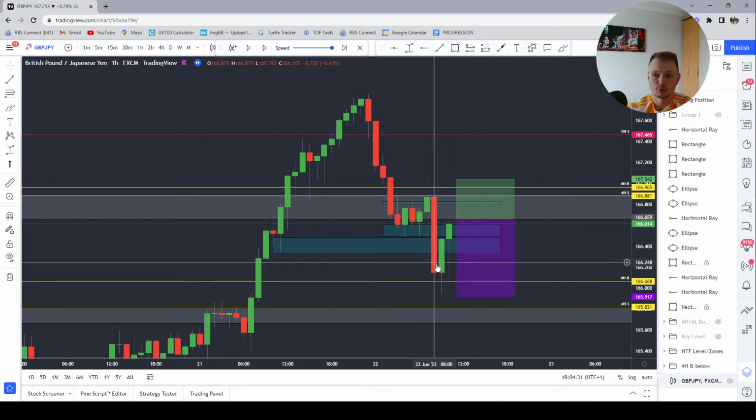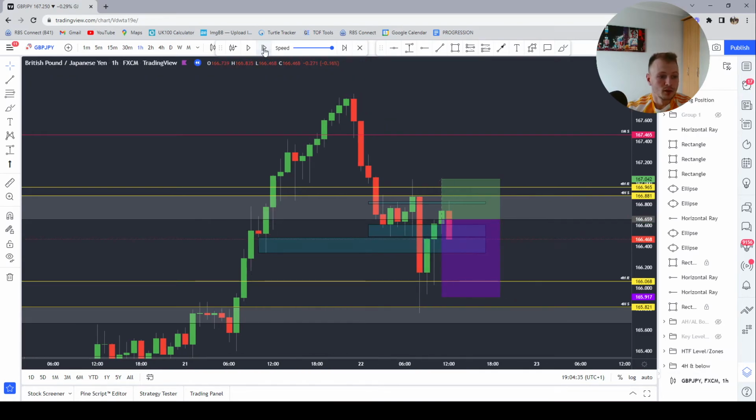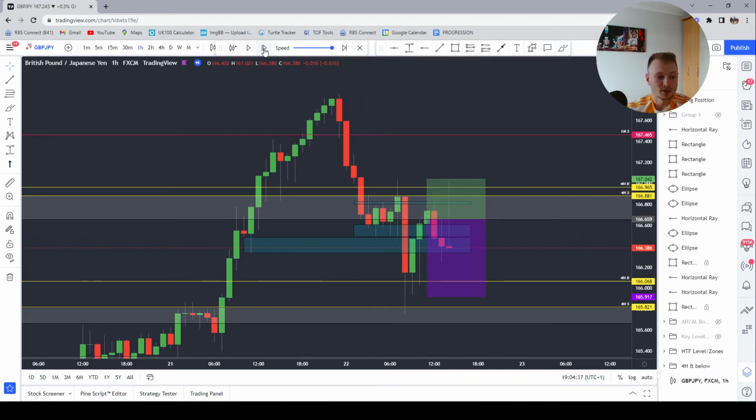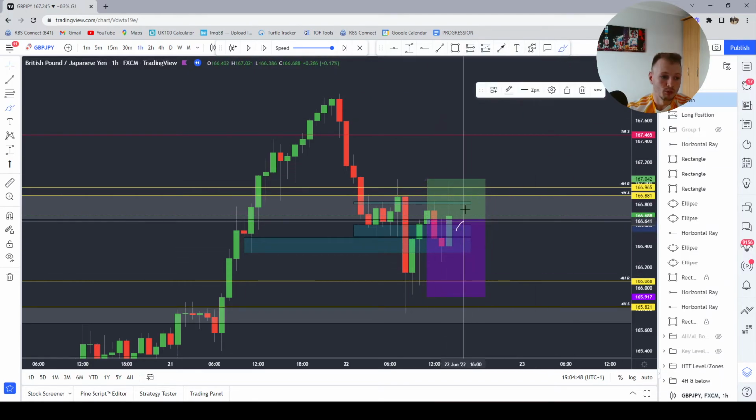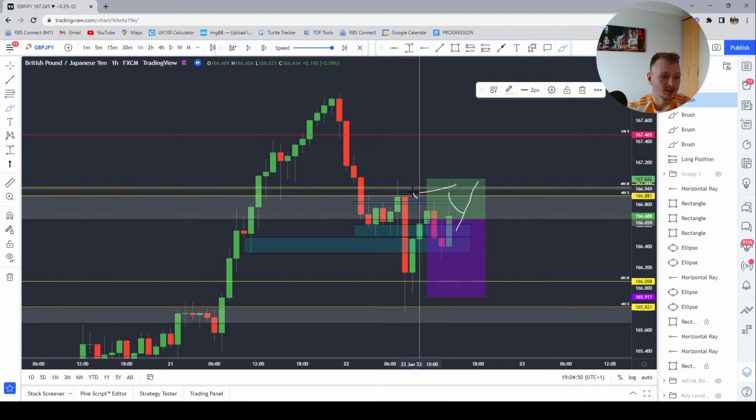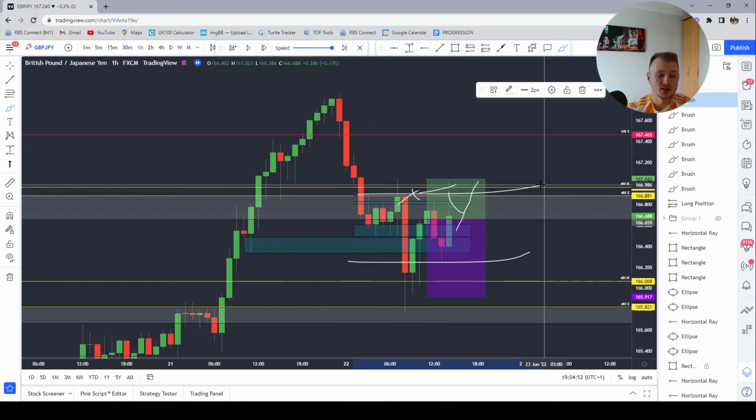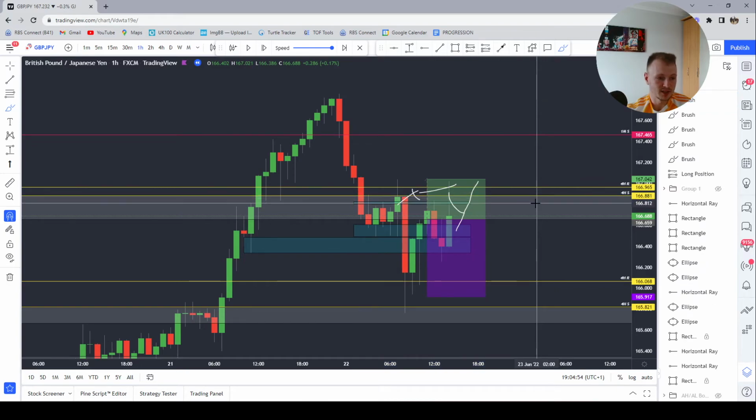So this could have just been a pullback to continue down. But the fact that price then formed that higher support is an extra confirmation that we're likely not going to go down here. We're either going to continue up, or we're going to push up, reject at these areas again, and then just range before we make a decision.